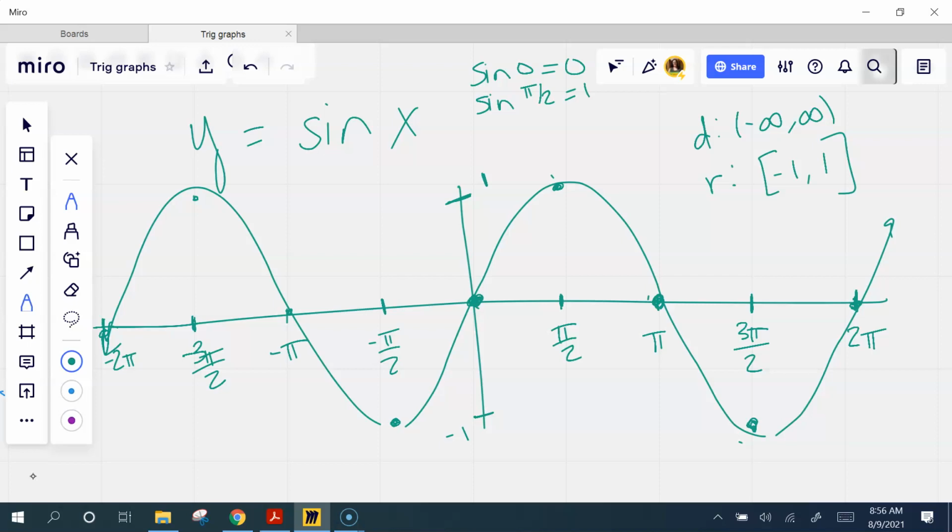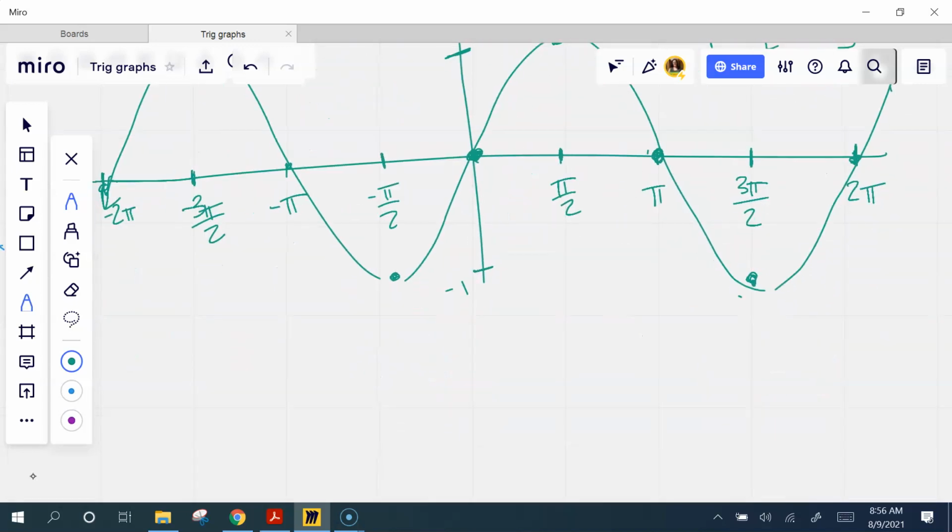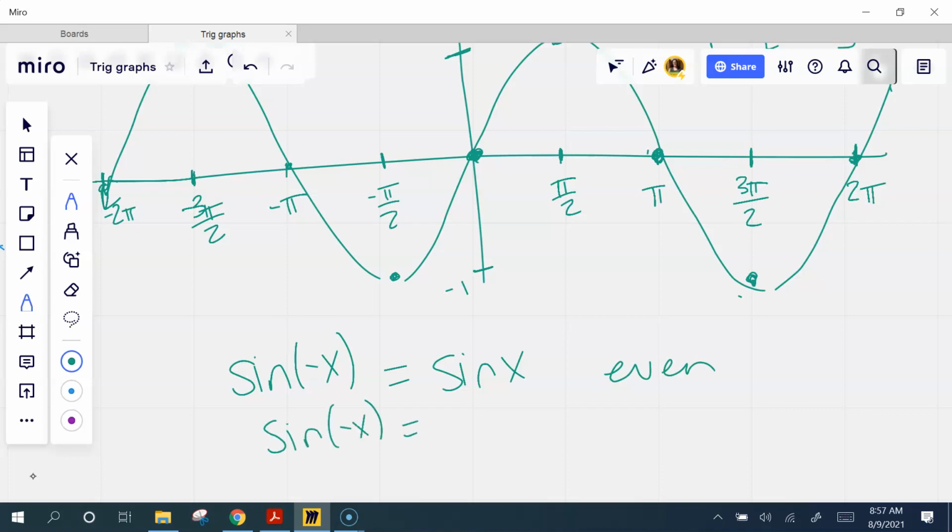Algebraically, if you negate every x in the equation, in other words, the sine of negative x, if it equals what you started with, then it's even. If you plug a negative in and every time you get sine of x back out, that tells me it's even. If you plug a negative in for every x and it makes the whole equation negative, that means it's odd.